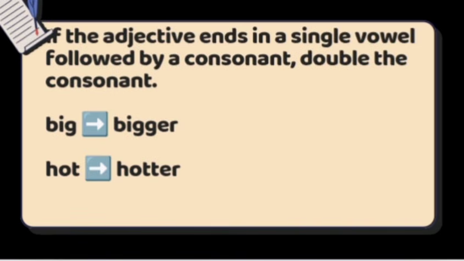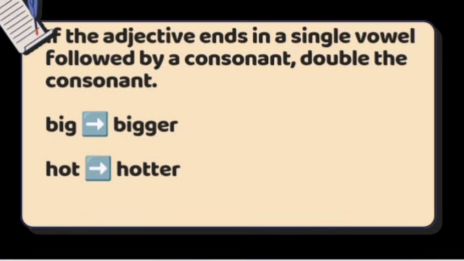H-O-T-T-E-R. This is another rule how we change from positive to comparative. And we must always keep these rules in mind rather than just memorizing them, because this will help us to remember.